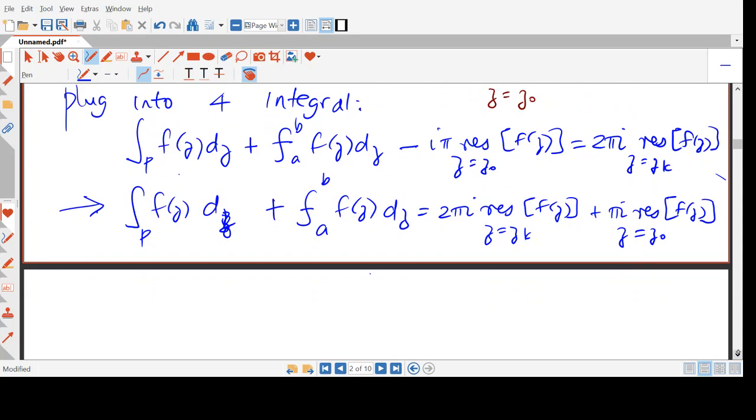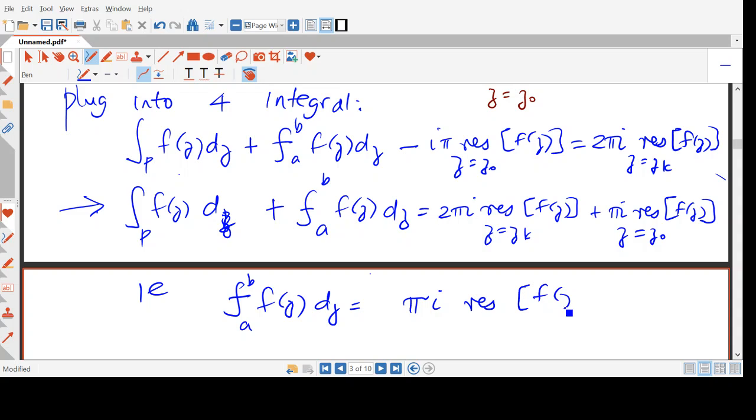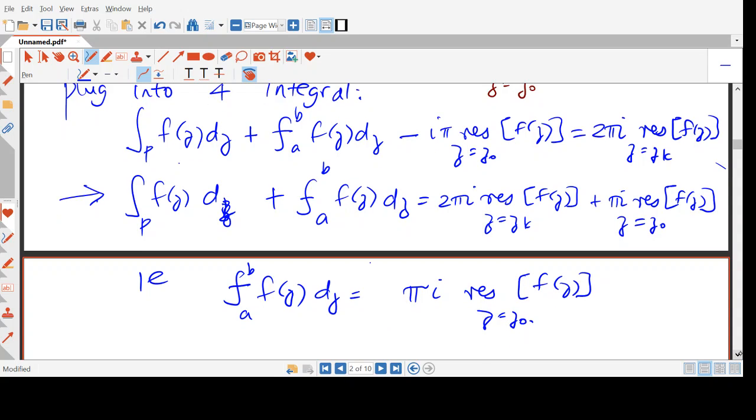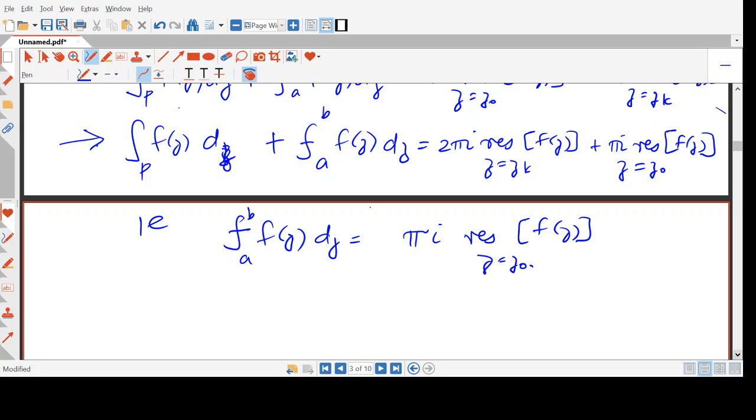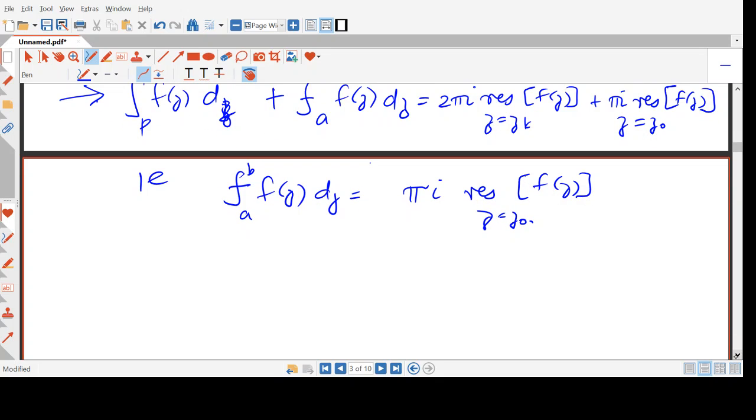So in other words, the principal value of f of z from a to b dz is just pi i residue of f of z at z equals z naught. And this will now prove to be very useful in carrying out those calculations.